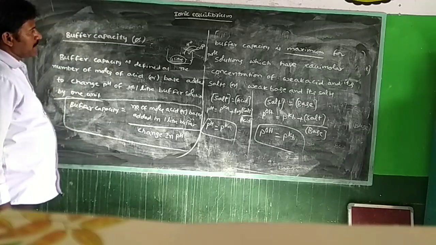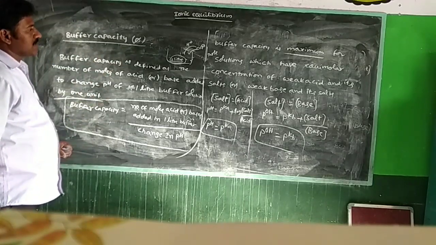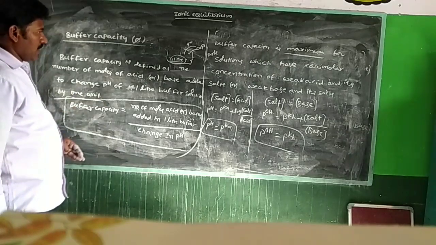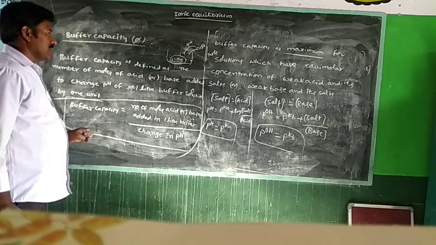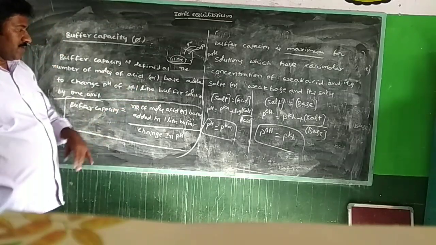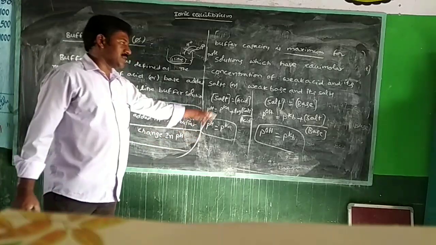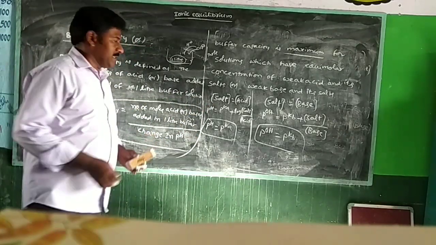Buffer capacity is maximum when salt concentration is equal to acid concentration, pH is equal to pKa, and pOH is equal to pKb.